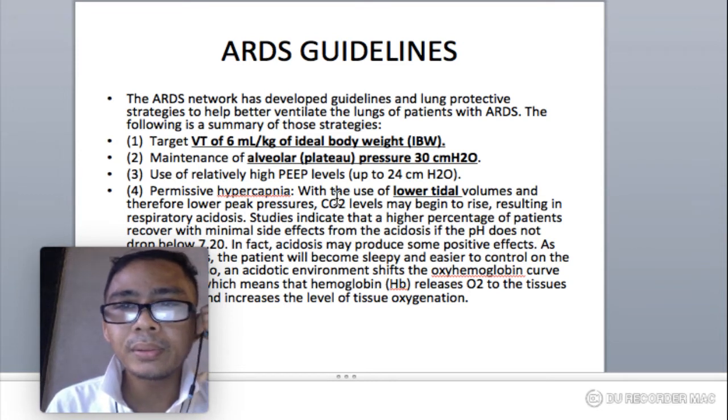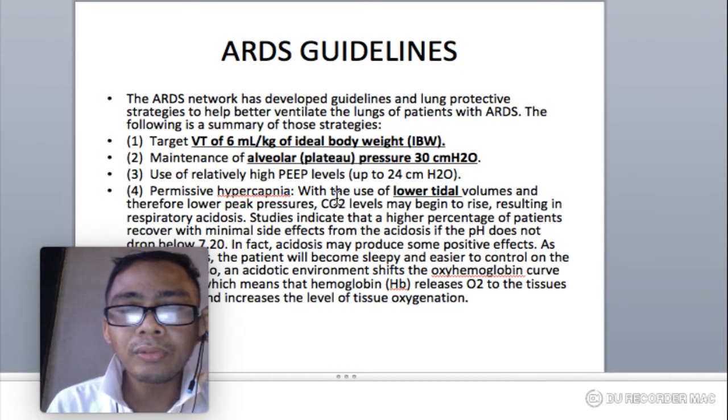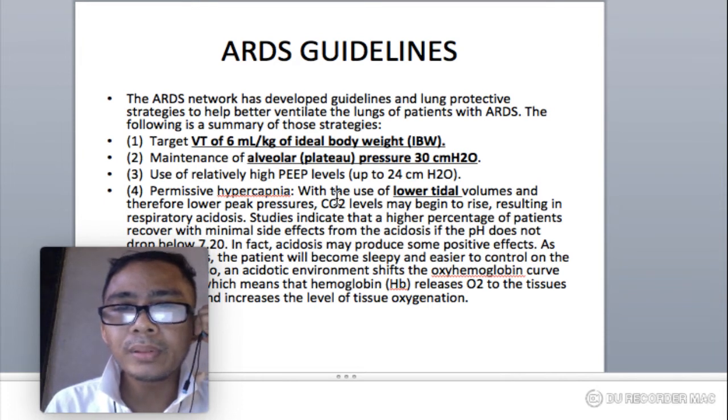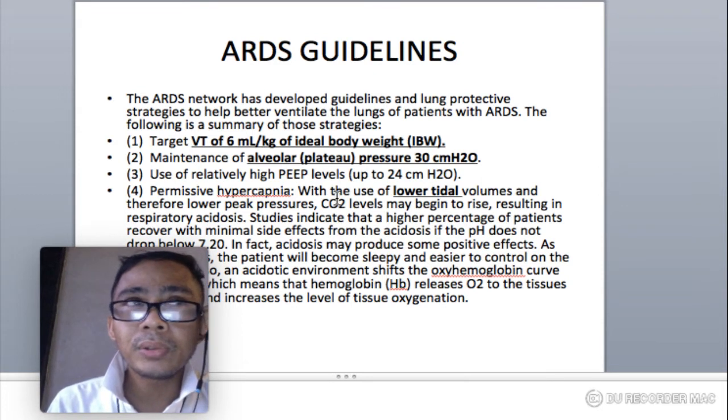The following is a summary of the four strategies. One, target tidal volume of 6 ml per kilogram of ideal body weight. So you can consider this tidal volume instead of using 6 to 10, which is for a normal patient lung condition.